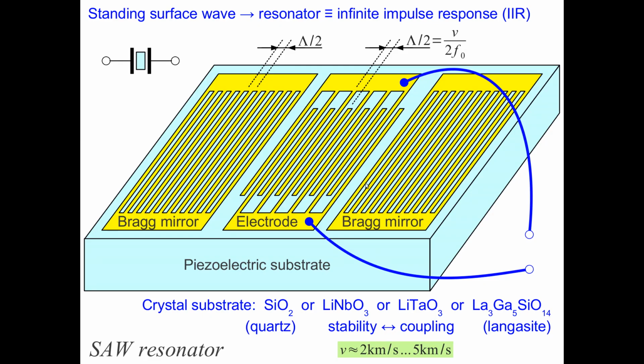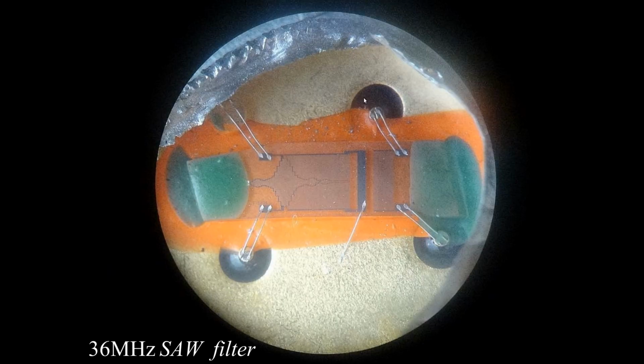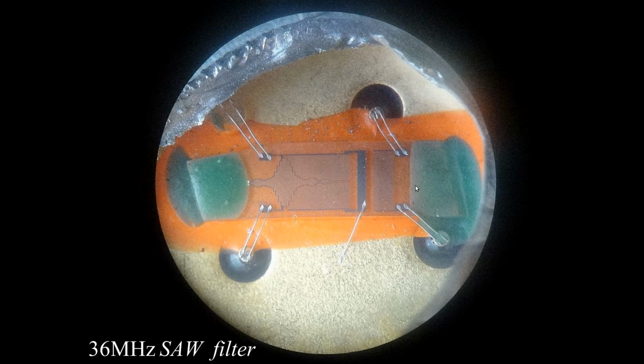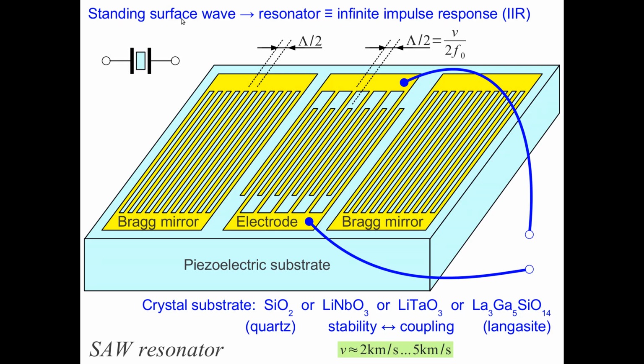One final solution besides complete filters, as finite impulse response filters with a traveling surface acoustic wave, is that we can also build resonators with a standing surface wave, where we have a pair of electrodes here to excite the mechanical oscillation inside the piezoelectric substrate, and we have Bragg mirrors on both sides, mechanical mirrors made from the same electrode material as the two electrodes.